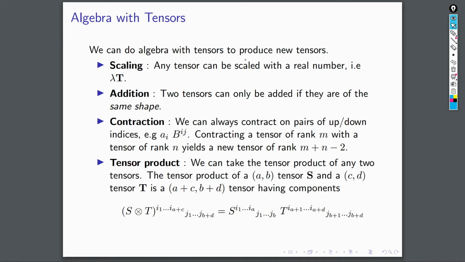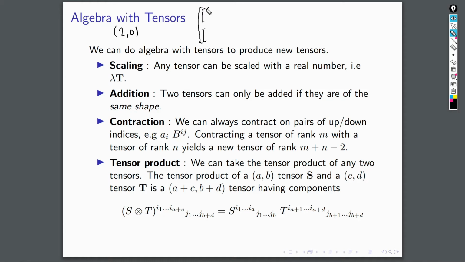Algebra with tensors. In the same way that you can scale vectors to get a new vector, you can scale a tensor. So I can have, let's say, a 2-0 tensor, which is represented with a vector of vectors basically.